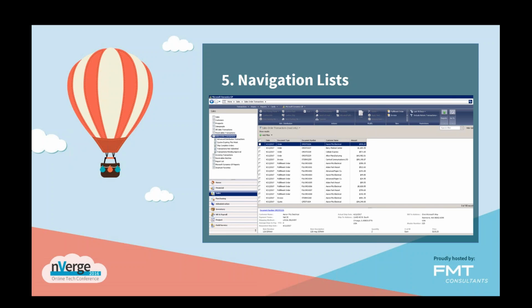If I wanted to do that the conventional way within a smart list, I would have to double click on each order, which would open up the order transaction entry, and then process it to invoice from there. So navigation lists can be quite a powerful tool for taking actions on a number of items within a list at a time.